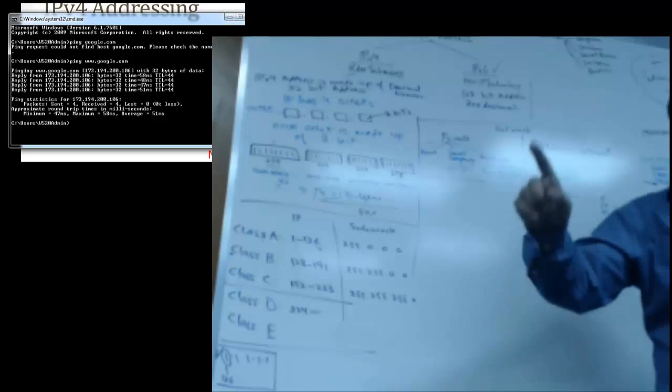So here, are you able to ping it? So open command prompt. Okay, just don't say continuous. So open CMD. You're able to do it? Okay. Yes. www.google.com.